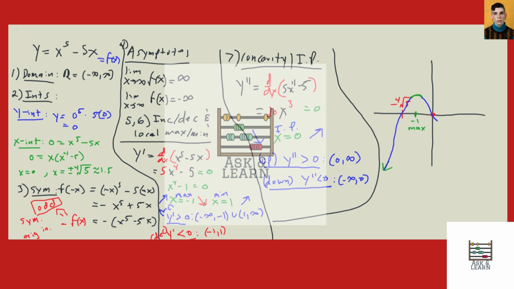And on the other side it should start to be concave up. And now that we have this symmetry, we're just going to flip everything across the origin. So instead of being a maximum at negative 1, it's going to now be a minimum.